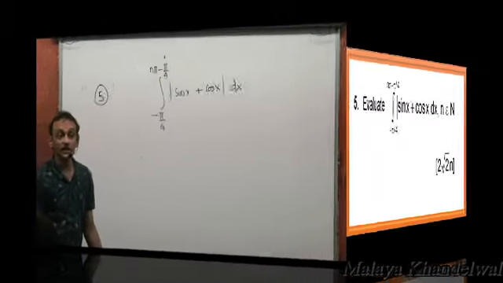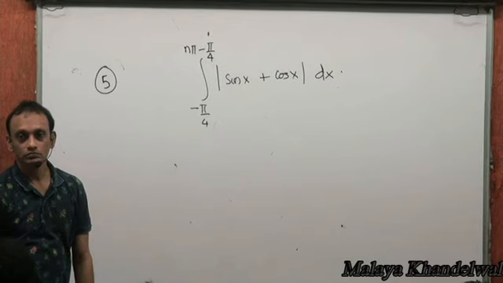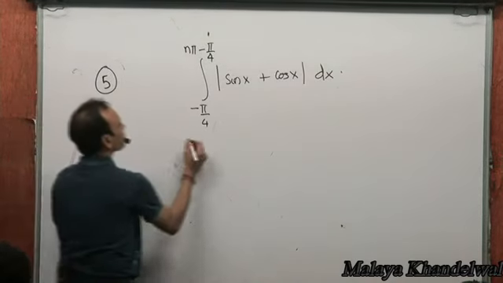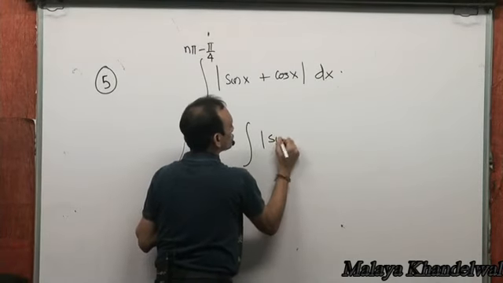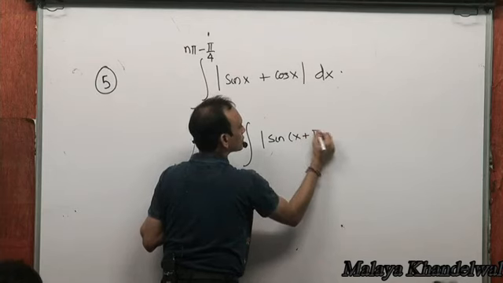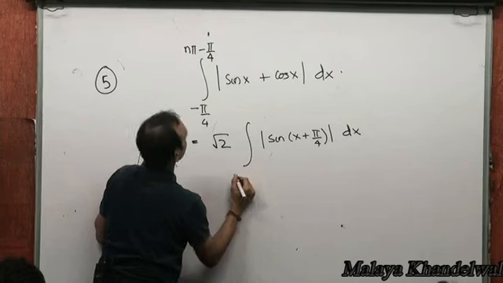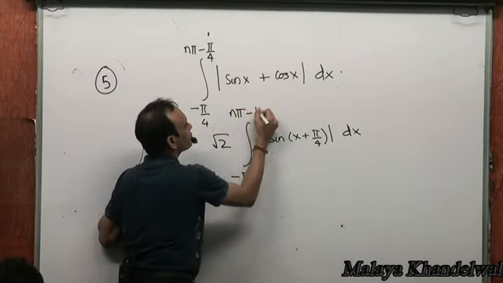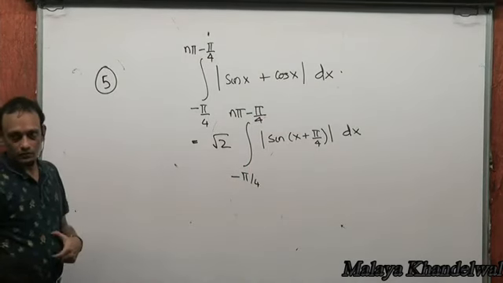You would want to write sin x plus cos x as root 2 sin of x plus pi by 4, right? So write sin x plus cos x as root 2 sin(x plus pi by 4) dx, from minus pi by 4 to n pi minus pi by 4, right?